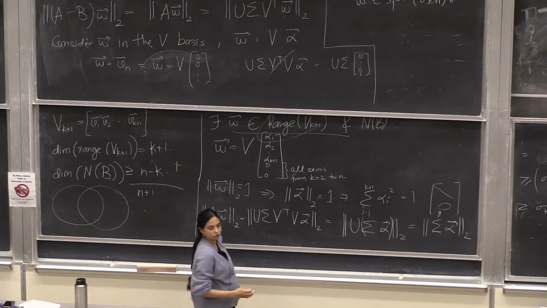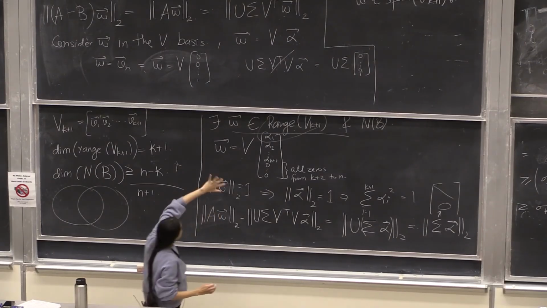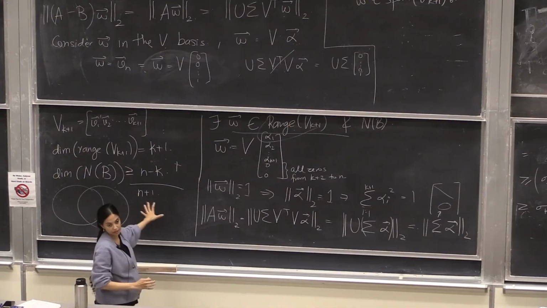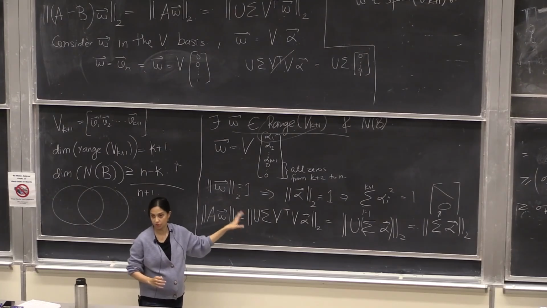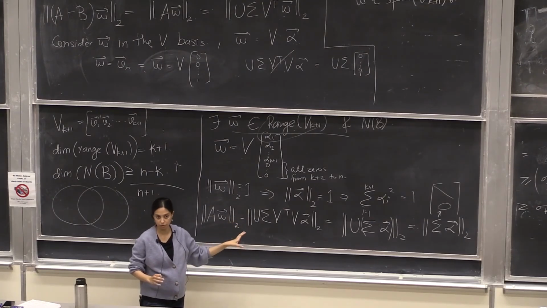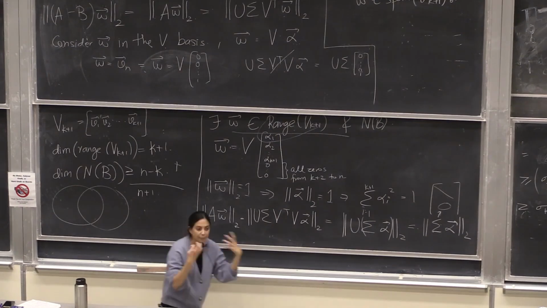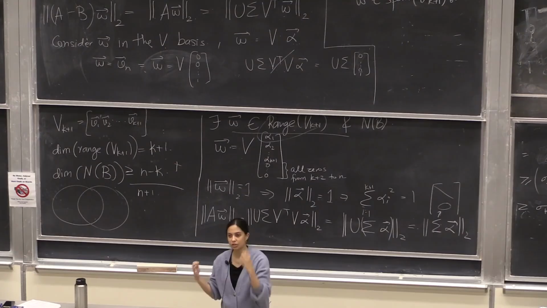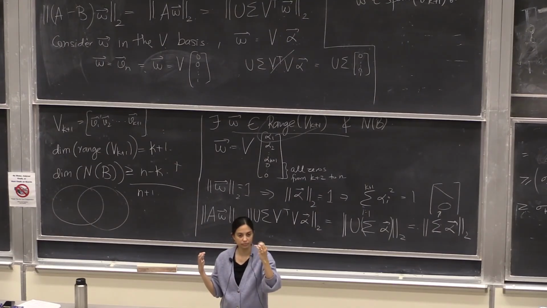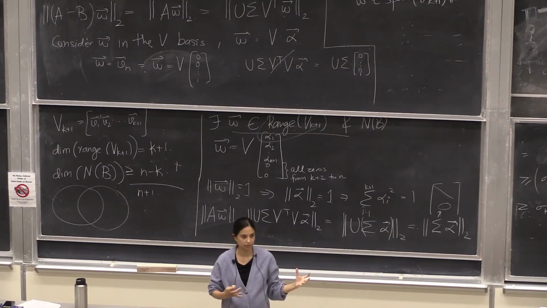From here on out, this is just algebra. The conceptual part of the proof is all happening here. This is just matrix norm manipulation, using the properties that we've proved. But step by step, we have constructed this in a way that allows us to get to the result that we want.